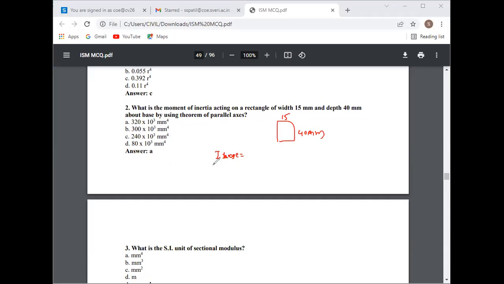So how will you calculate? How do you calculate moment of inertia for a rectangular section? B D cube divided by 12. So you calculate and check the answer.